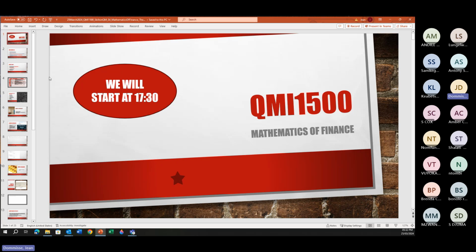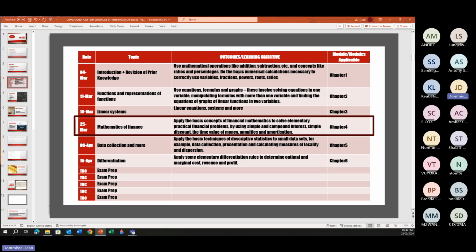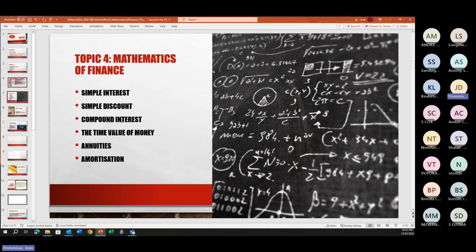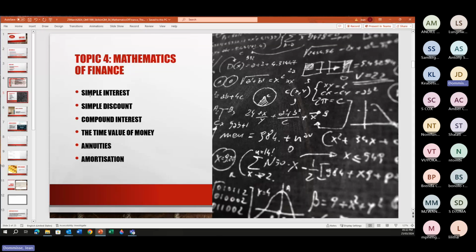Then in today's session, we're going to look at simple interest, simple discount, compound interest, the time value of money, annuities, and if we have enough time, we will get to amortization as well.